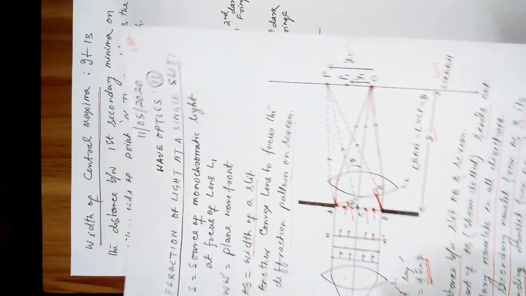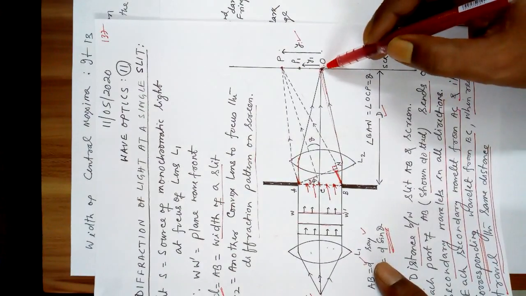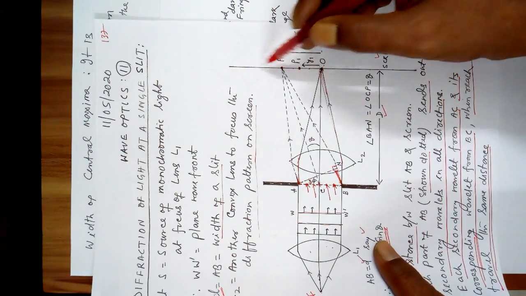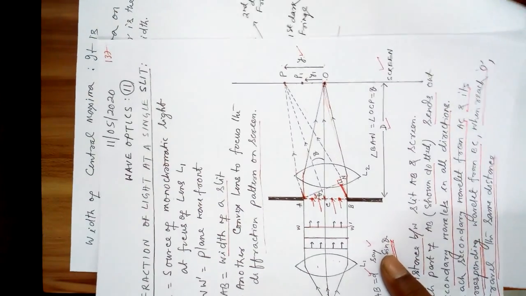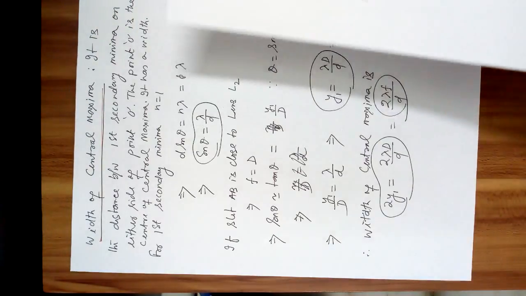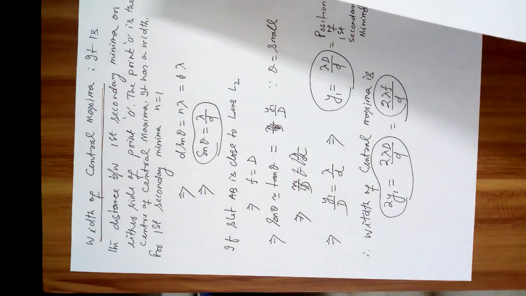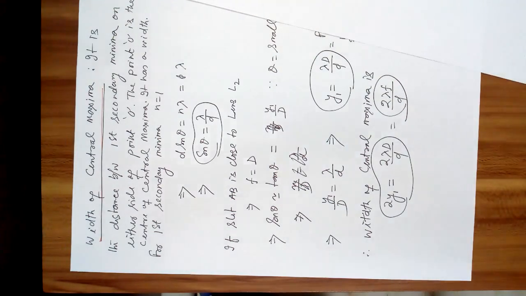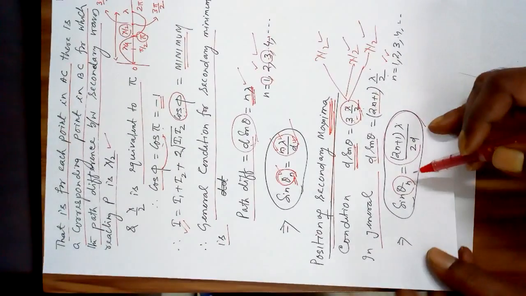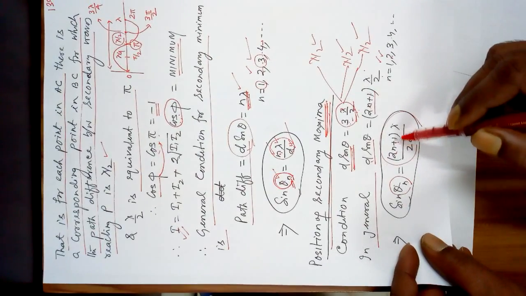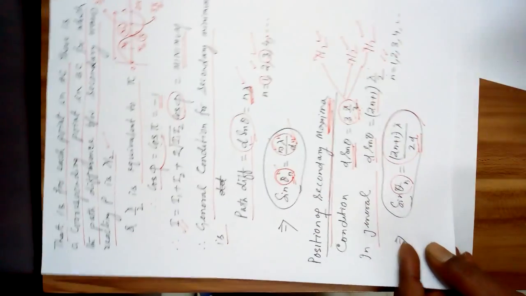Therefore, your cos phi was maximum, so this was maximum. Then at which other points it was maximum was given by the general formula, sin theta n is equal to (2n plus 1) lambda by 2d, right?